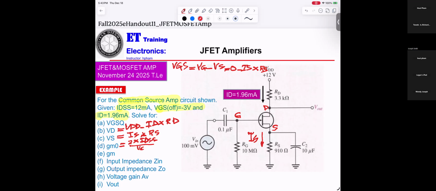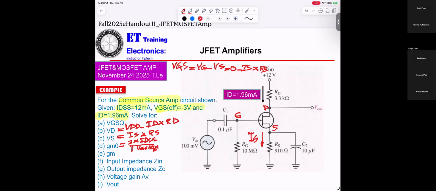Yes. And they have to be absolute values. They cannot be negative.